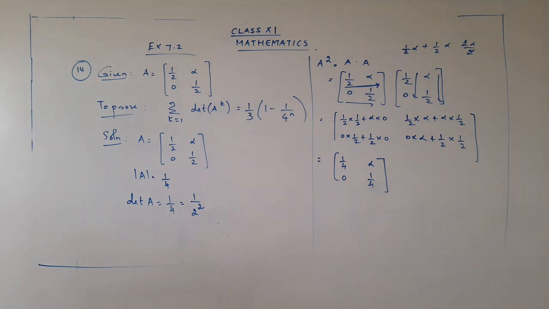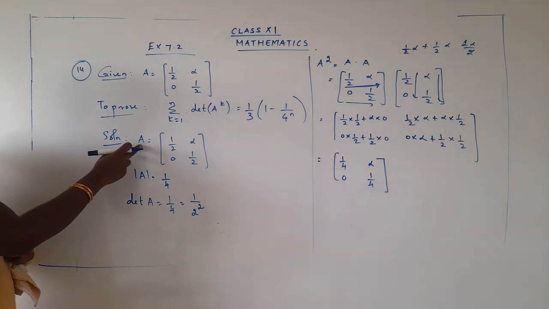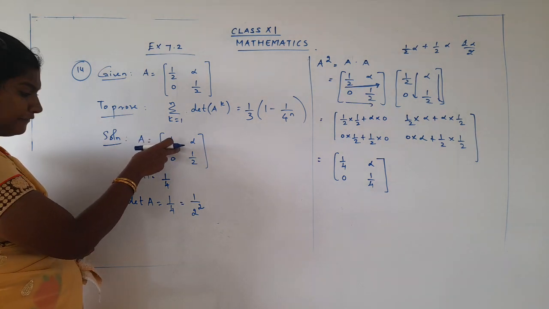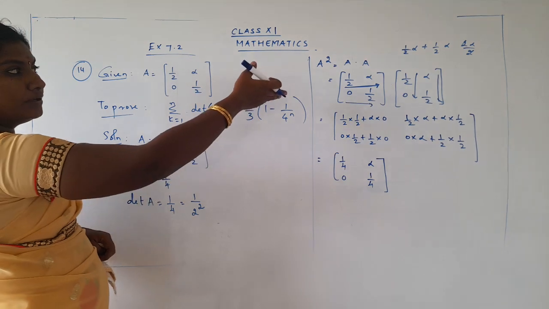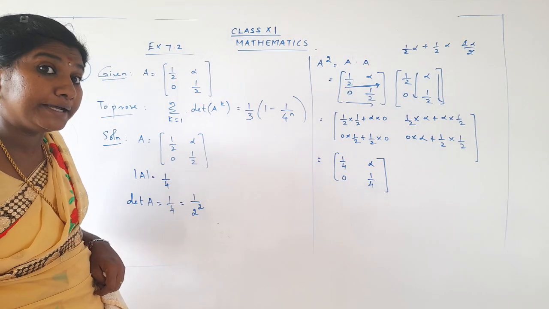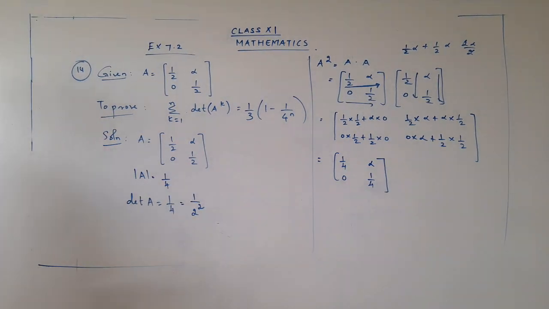Okay, so now we have completed A square. Once we know the value for matrix A, we have found the determinant of it. So I know the value for A square, so now I have to find the determinant of A square. So just complete the step.